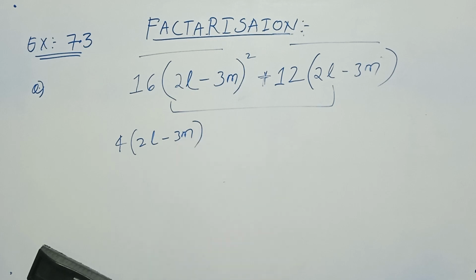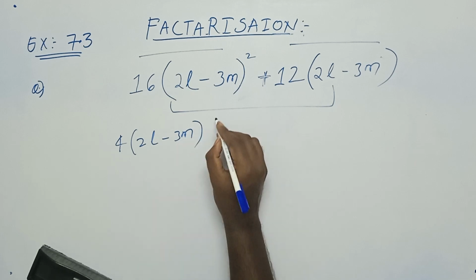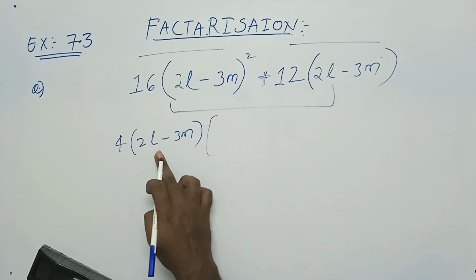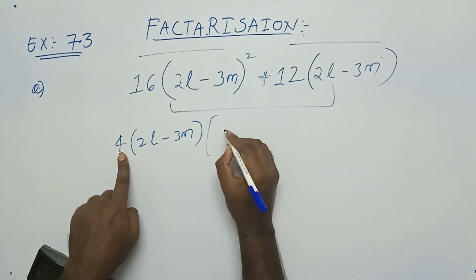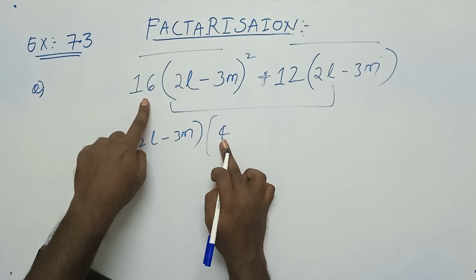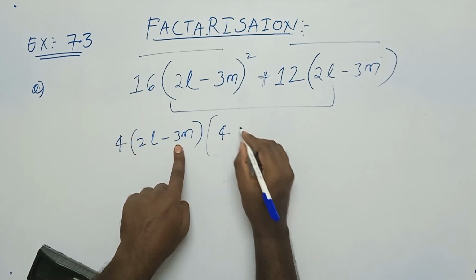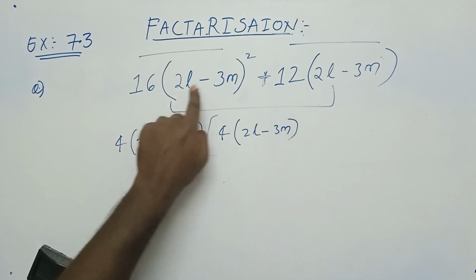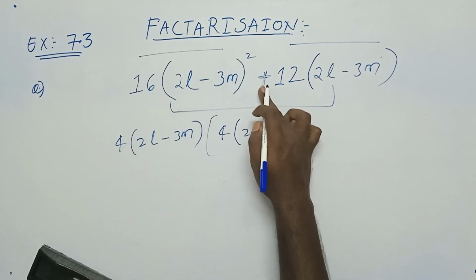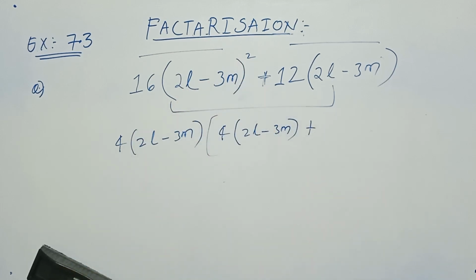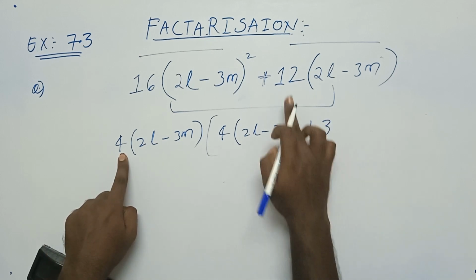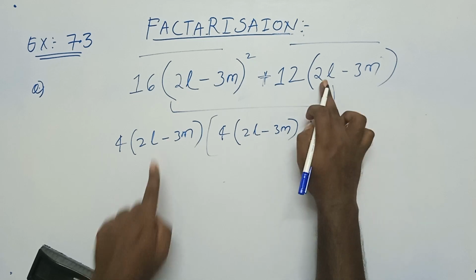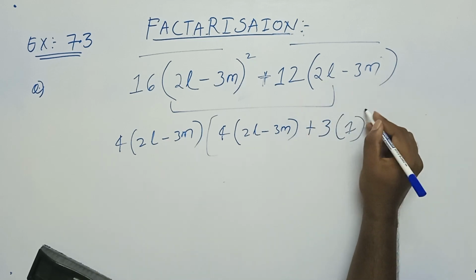Now we are going to divide this whole expression by 4 of (2l minus 3m). 4 4s are 16, so (2l minus 3m) times (2l minus 3m) is (2l minus 3m) whole square. Next we have a plus sign, we keep the plus sign. 4 3s are 12, and (2l minus 3m) times 1 is (2l minus 3m).